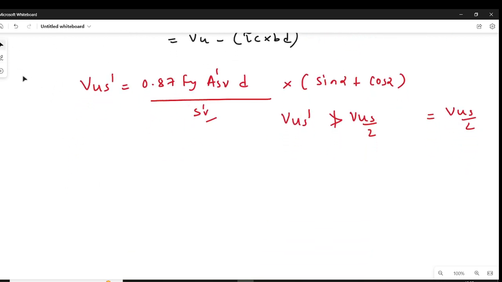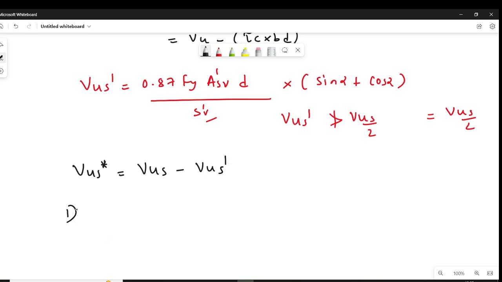Okay, so here also we have to determine VUS star. VUS star, so what is it? VUS star is VUS minus VUS dash.